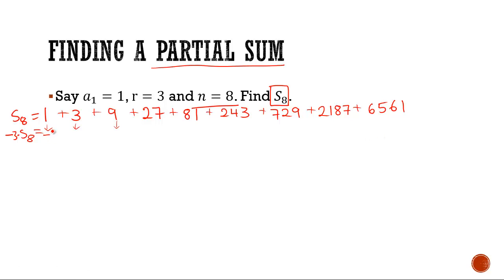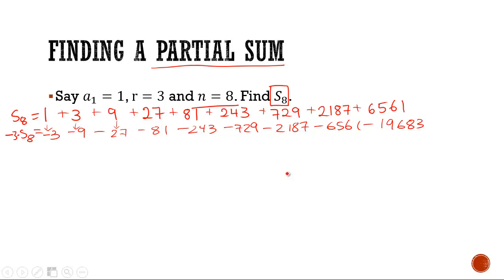So we subtract 3, subtract 9, subtract 27, subtract 81, subtract 243, and so on. And finally, we're going to subtract the 3 to the power 9 term. And what this does is we end up canceling out these terms, and we're left with the first and the last.